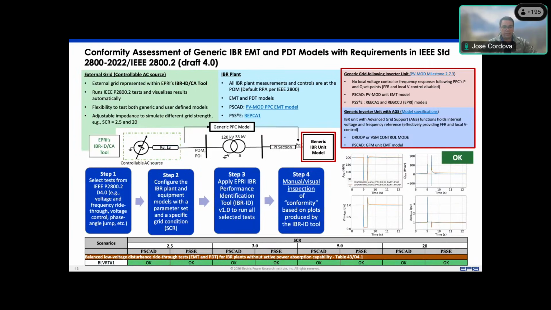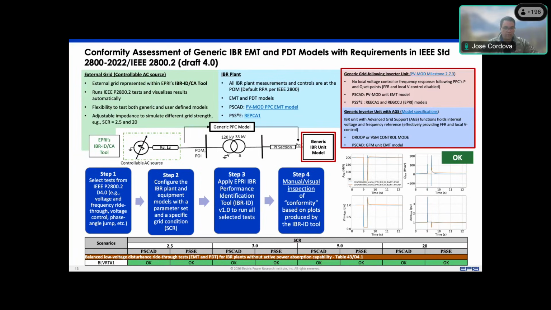So here at EPRI, we have the setup of having a controllable AC source, which resembles the grid. So it's an infinite bus that is connected at the point of measurement. And then a collector system, and at the other side there is a generic IBR unit model. And it's all controlled at the point of control being the point of measurement.